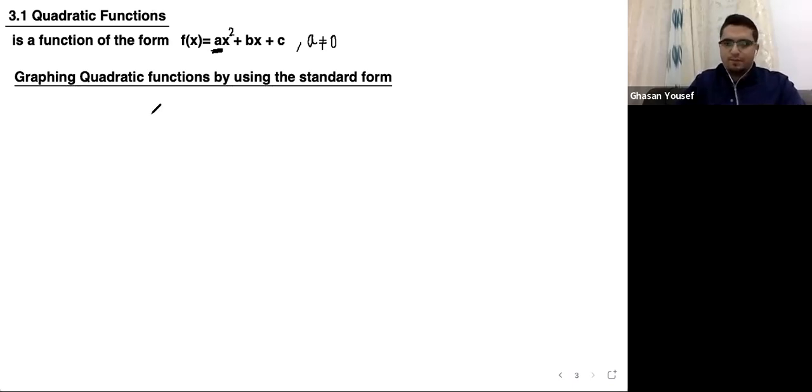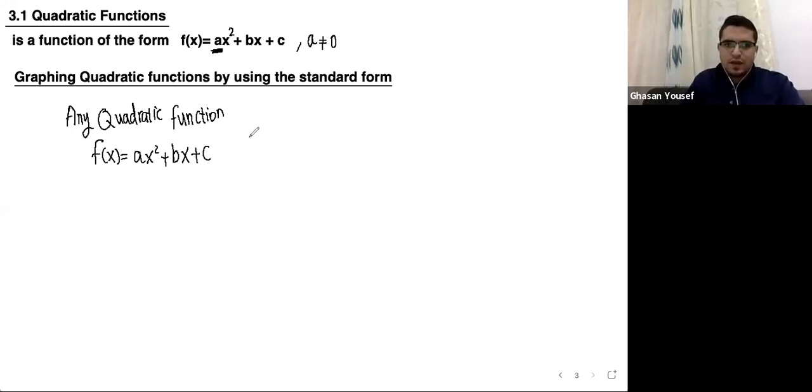So any quadratic function, for example f of x equals ax squared plus bx plus c, I can write in the standard form.